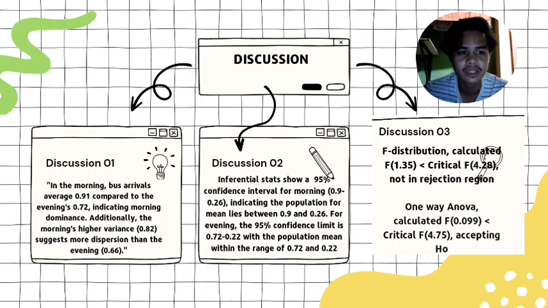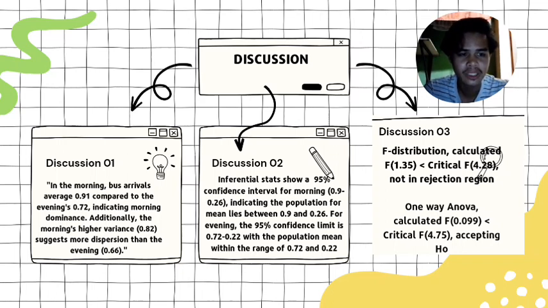For discussion 2, the descriptive statistics show the 95% confidence interval in the evening is 0.9 until 0.29. That indicates the population mean lies between 0.9 and 0.29 for the evening.